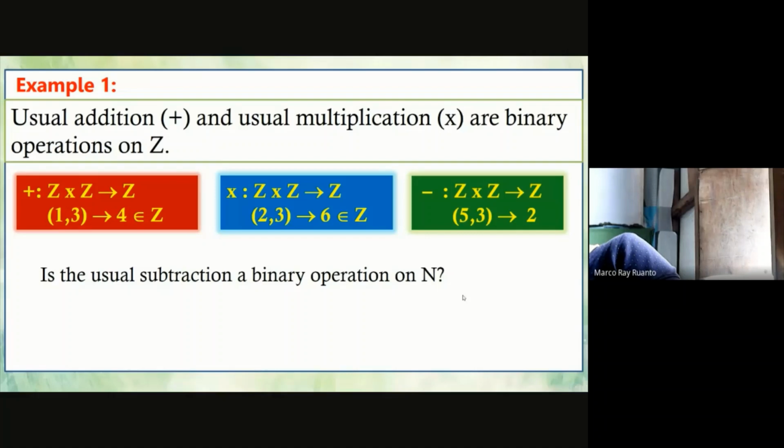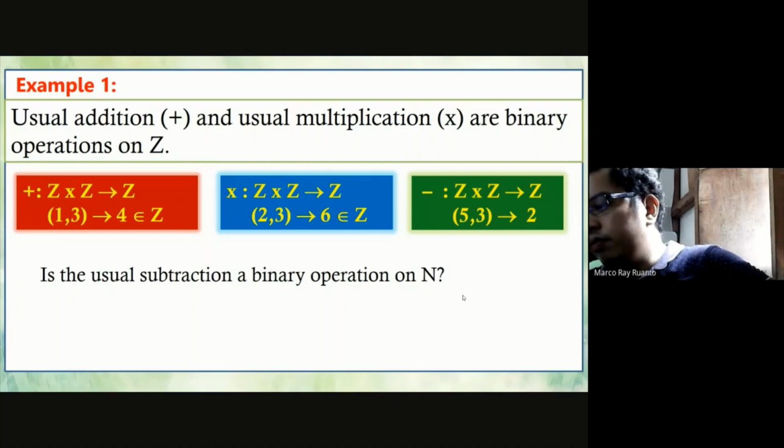Okay, okay. Murang 5 siguro to. Ano? Oo.